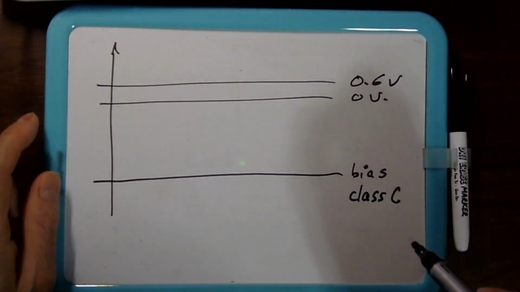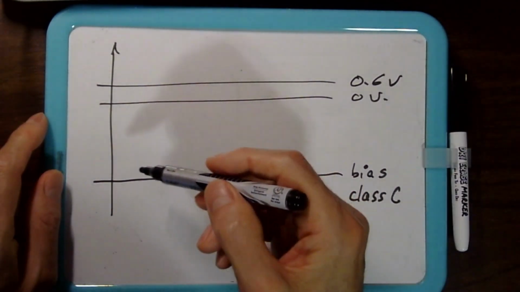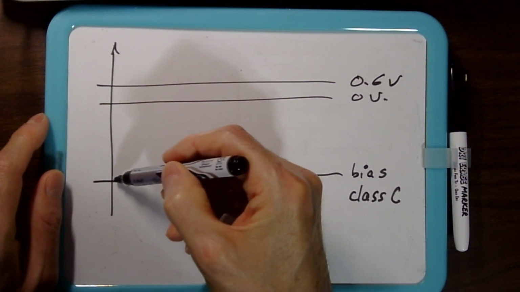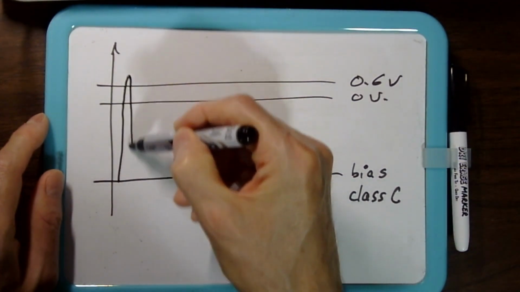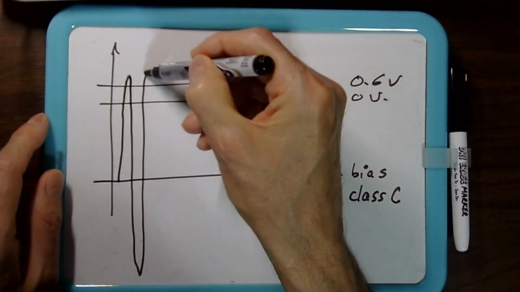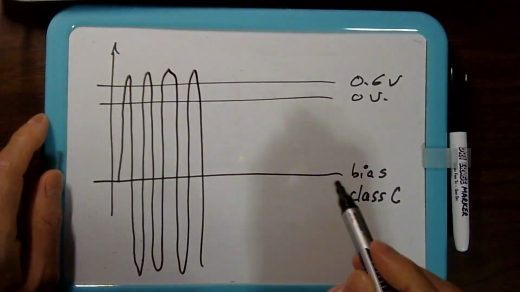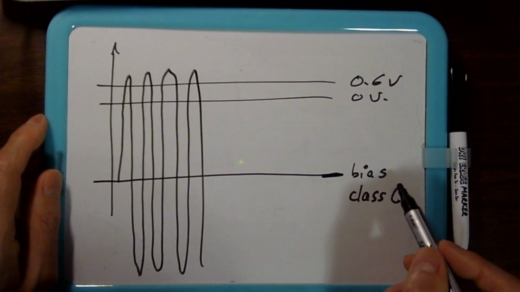And I made a video about this, and I'll give a link. And your oscillator is going to go up and down like this, centered on that bias value for the voltage.